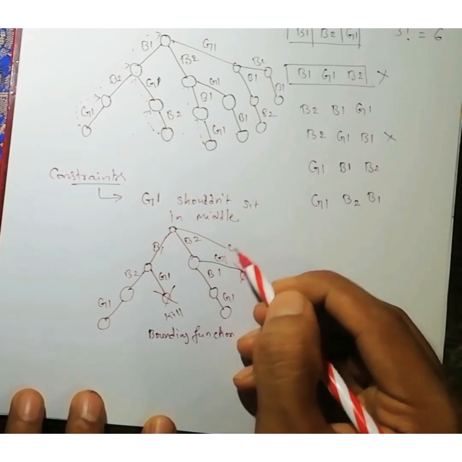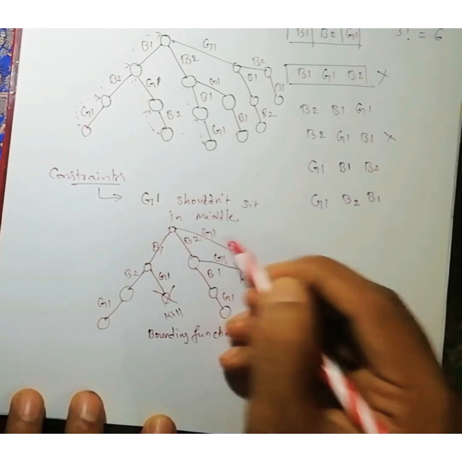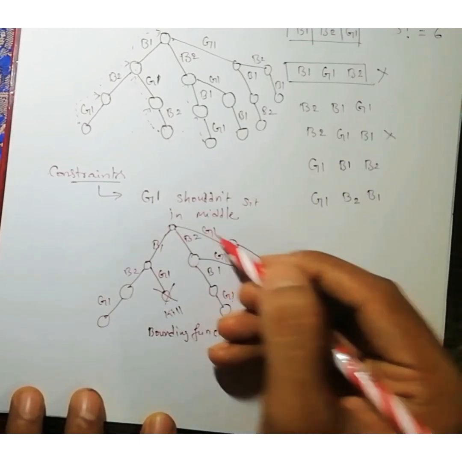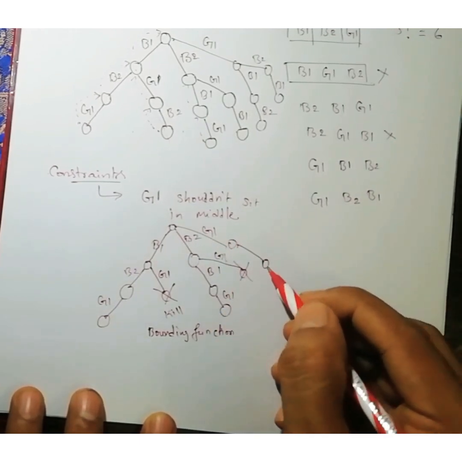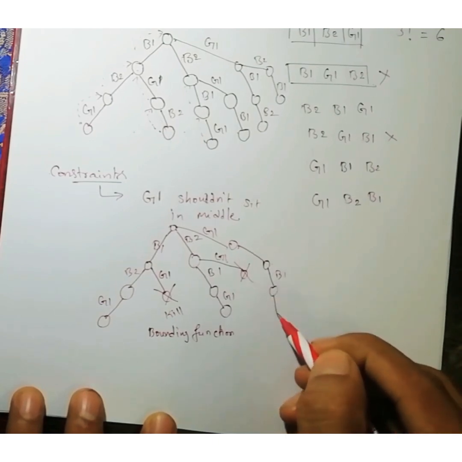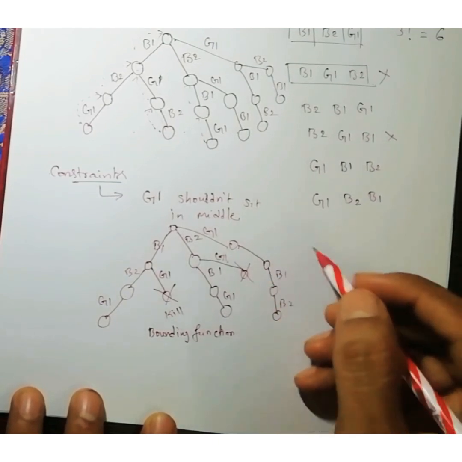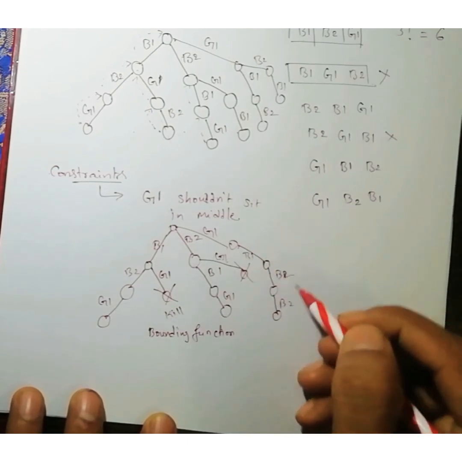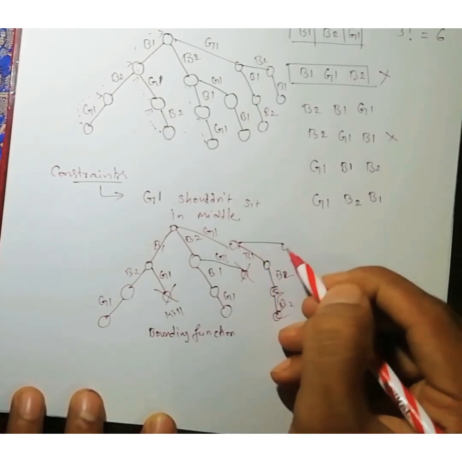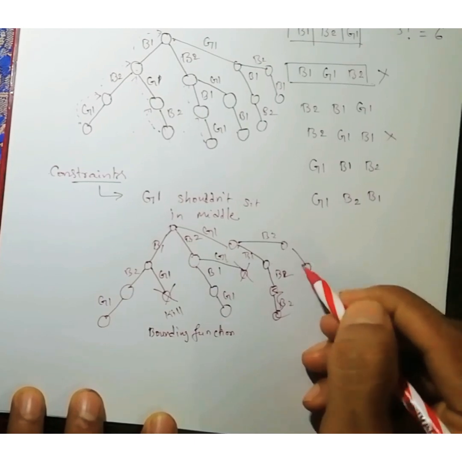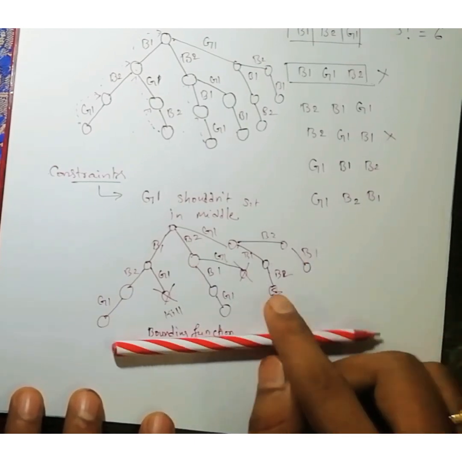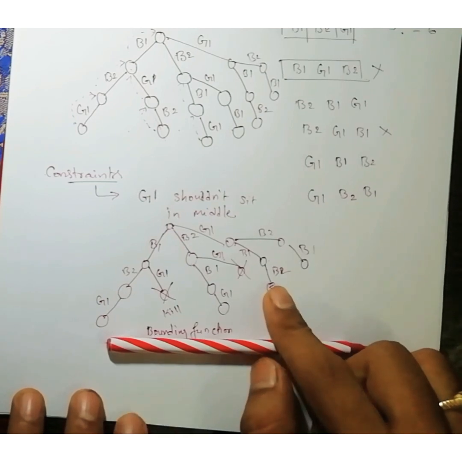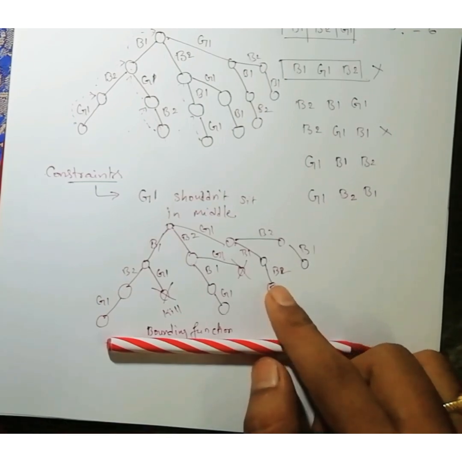The remaining paths are the same as before. G1 sitting first, no problem, so these 2 paths will be available: B1, B2, and next B2, B1. So this is no problem. That's it. This is how backtracking works.